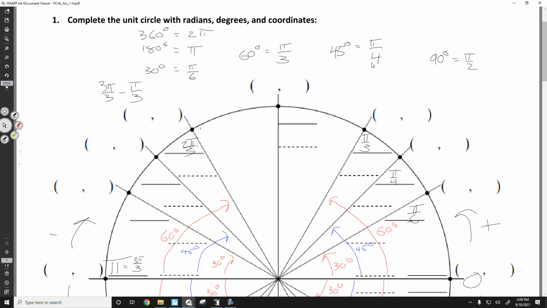What'd you get? Come on, you can do it. Don't give up over there in the corner. If I'm 45 degrees less than pi, I can take pi and subtract pi over 4. What's pi minus pi over 4?